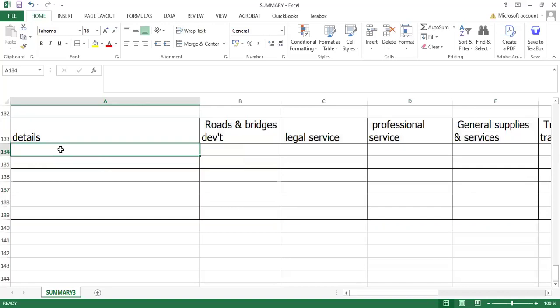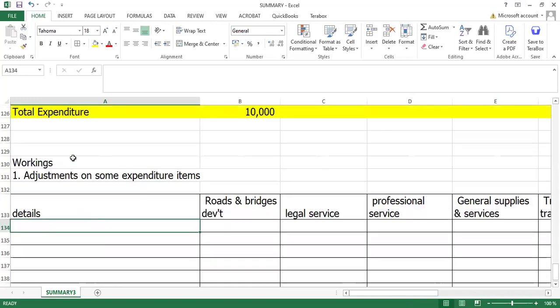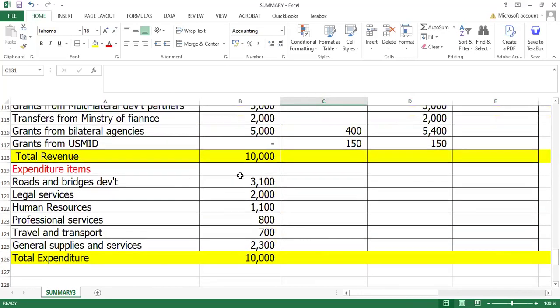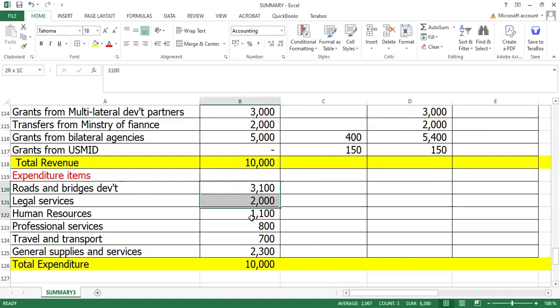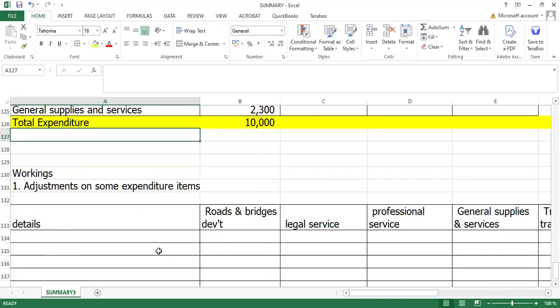Then as you adjust, remember we are basically focusing on adjustment, so you really need the amounts to put on your adjustment column. Because these items are already there, we are looking for the amounts to put here. That's what we are trying to do.